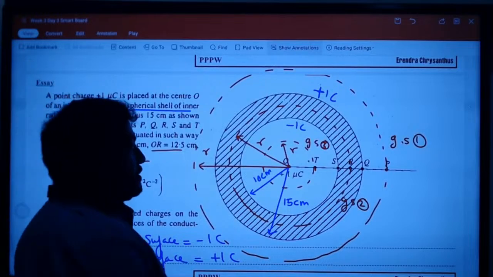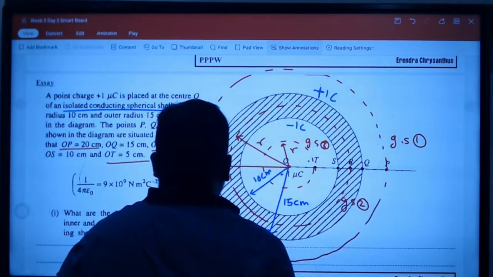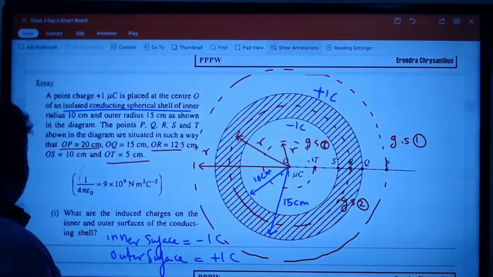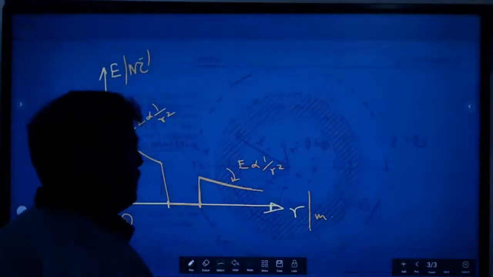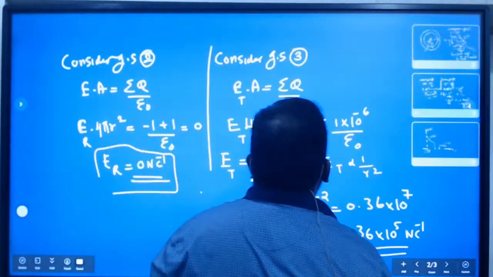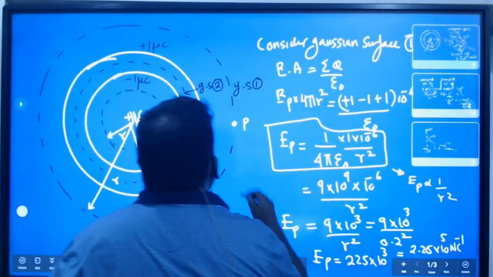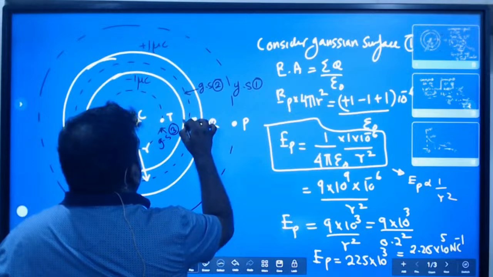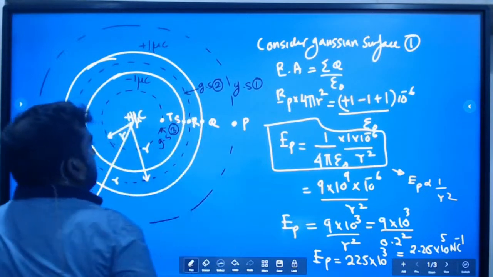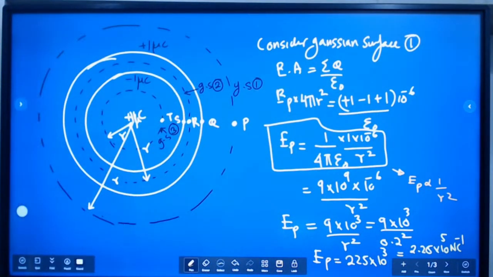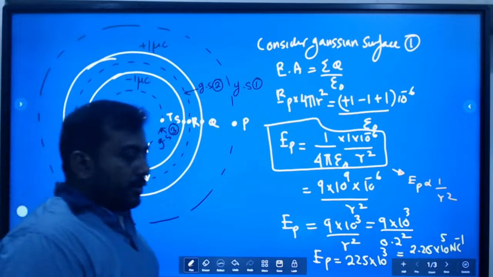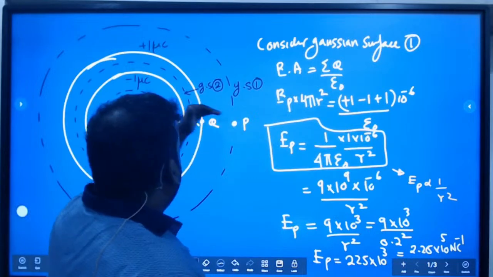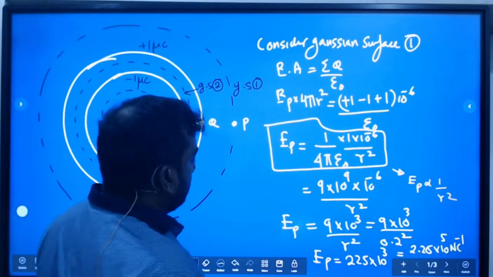I am naming from outside: P, Q, R, S. So how do you find the potentials at these locations?